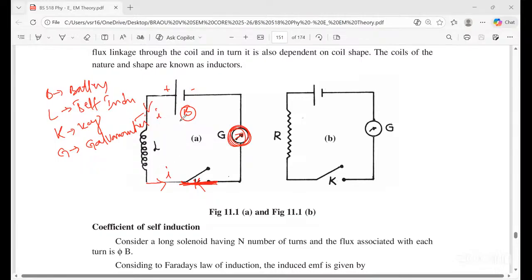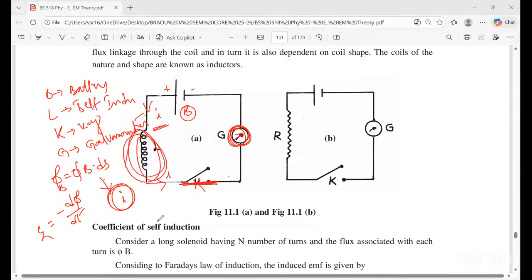If the current changes, magnetic flux phi B is going to change. Phi B is nothing but the surface integral of B dot dS, where d phi B by dt, the flux changes, equals the EMF. So all this comes into play when the current is passing through the coil.